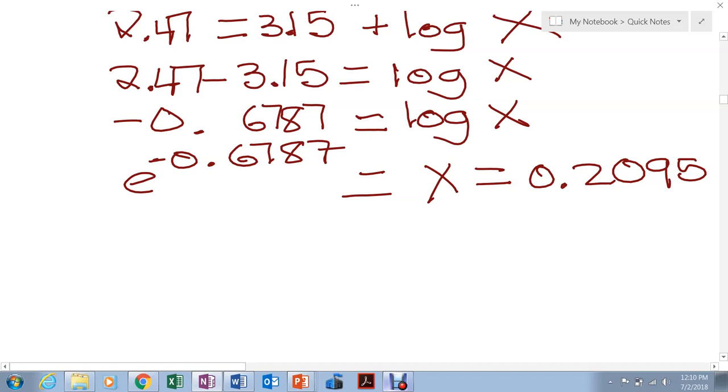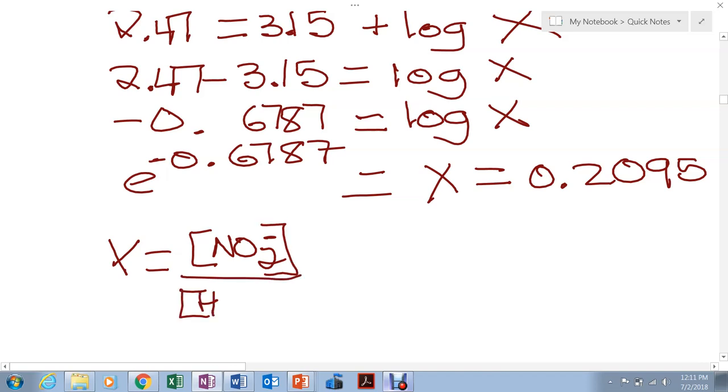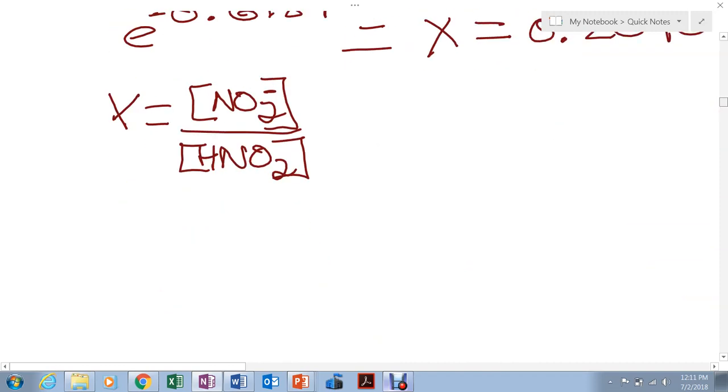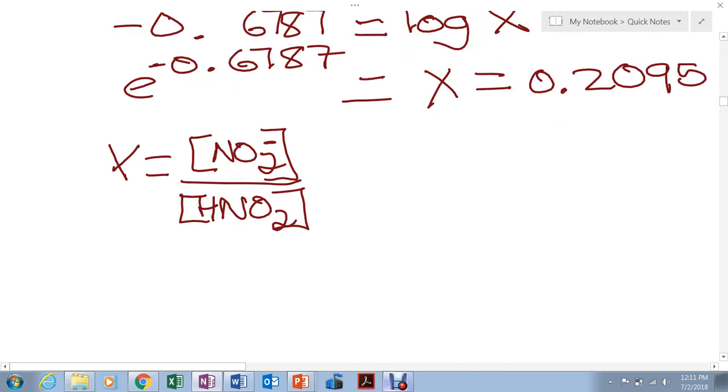And they use two sig figs coming from the constant. So X is the ratio between the concentration of the conjugate base divided by the concentration of the acid. You remember this, right? I got it from here. I put X just to simplify. So that means that this ratio equals 0.21, two sig figs.